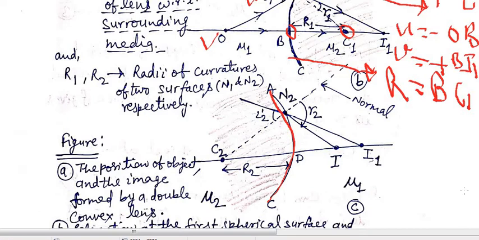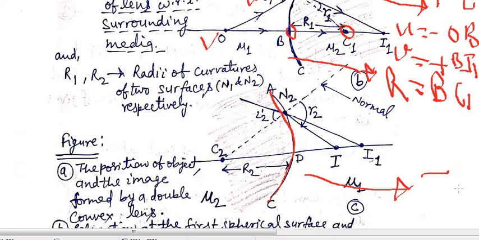Here I1 is the virtual object, so we will consider this direction as positive direction, as rays are coming from left to right. Because I1 is the virtual object, it appears to be coming from this side. So left to right direction will be positive direction.